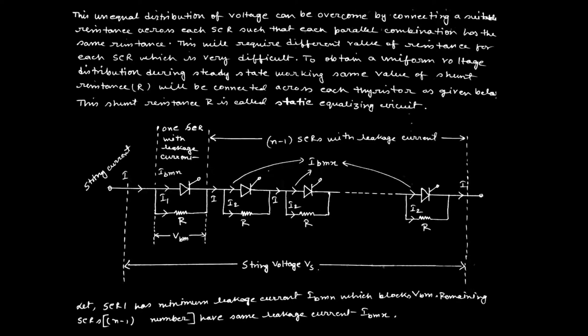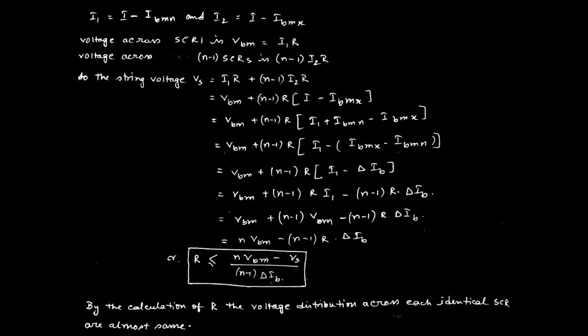So from this schematic diagram, let SCR1 have the minimum leakage current, defined by IBMN, which blocks voltage VBM, and the remaining n-1 SCRs can have the same leakage current, defined by IBMX. So, from this schematic diagram, we can write I1 equal to I minus IBMN and I2 equal to I minus IBMX.